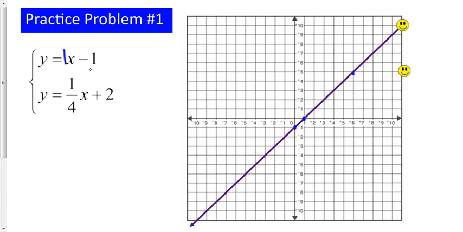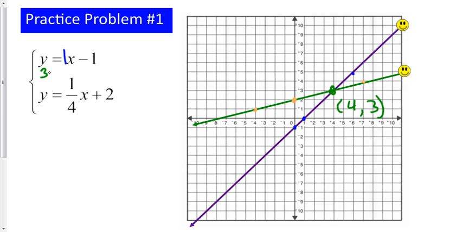And then for this next graph here, I can graph y equals 1/4 x plus 2. My y-intercept is right here at 2. And I'm going up 1 over 4. Or I could say I went down 1 and to the left 4. And that is going to be my line right here. So the point where these two lines meet is here, and that is at (4, 3). (4, 3) is a solution to both of these equations.